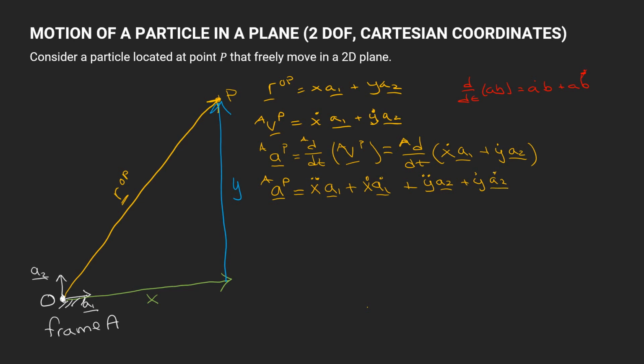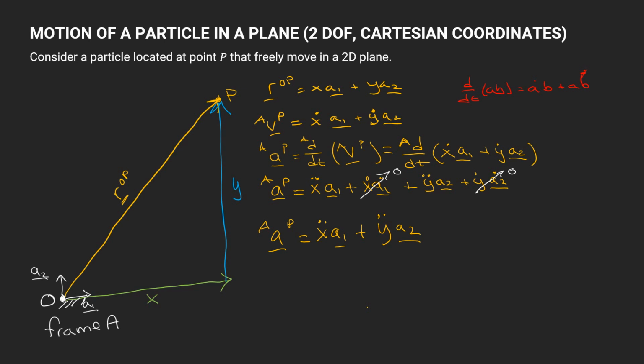And again, we said that this is a fixed reference frame, it's not moving, so these terms go to 0, and now we can write out the acceleration of point P in frame A as x double dot a1 plus y double dot a2.